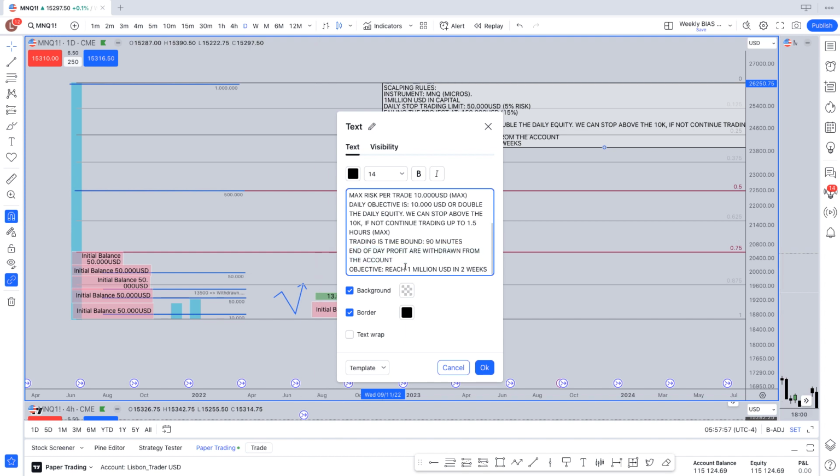Okay, so we reset, since this will be paper trading, so we'll be resetting the account to 50k for each new trading cycle or session. Trading session.